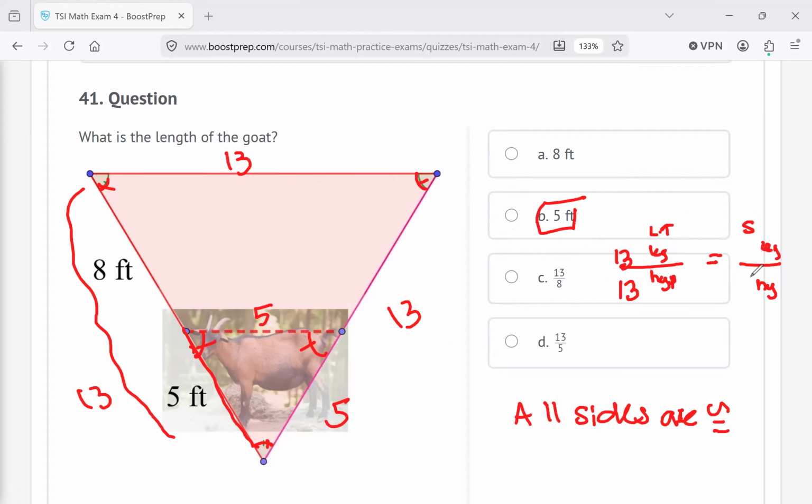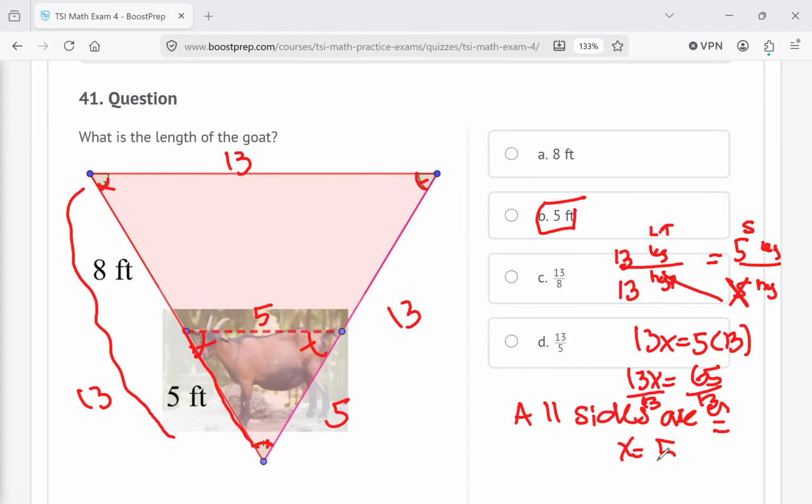On the smaller triangle, my leg is 5, but I don't know what the hypotenuse is. I'll call it x. If you cross multiply, it's 13x equals 5 times 13. 5 times 13 is 65. Divide this by 13. So 65 over 13 is 5. So that's the speed.